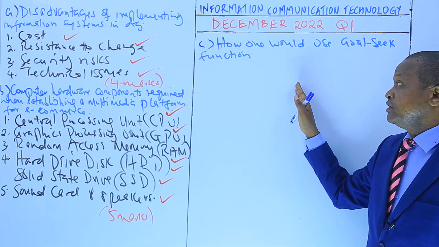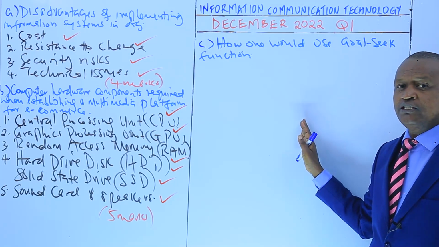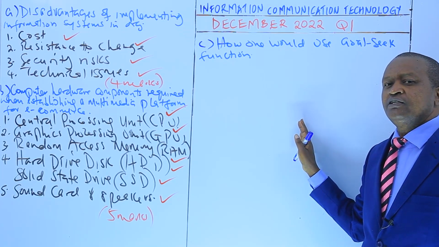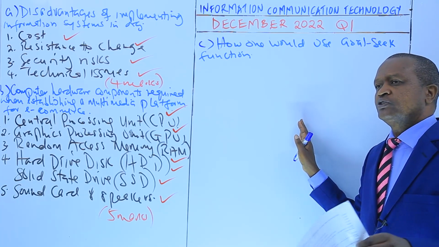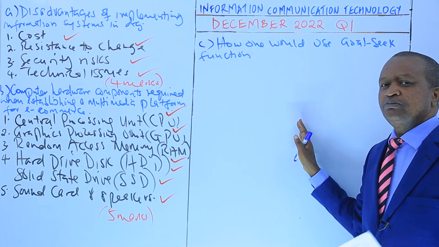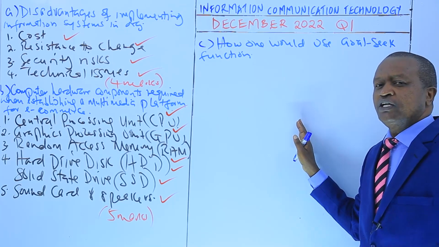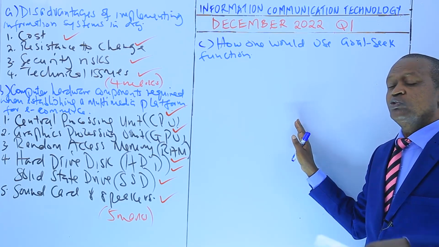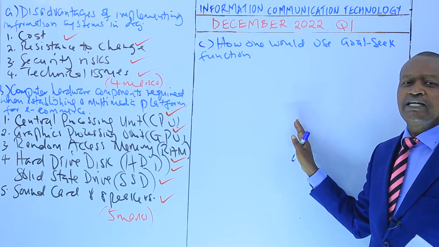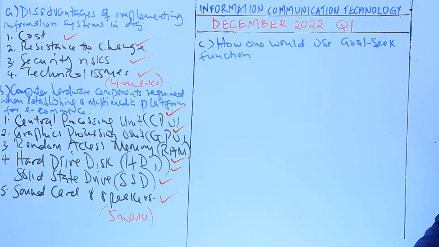So that goal-seek function, found in spreadsheet software like Microsoft Excel, can be used to find the input value needed to achieve a desired result.